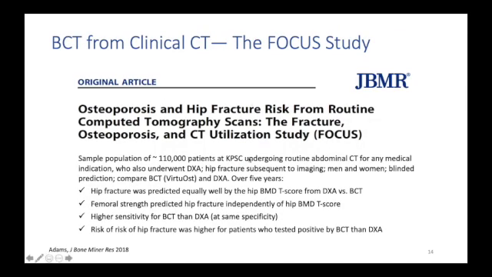All right, we do a lot of fracture outcome studies, and the most important one we did was what we call the FOCUS study. This was performed at Kaiser in Southern California, which is a large healthcare system. I think they have 14 major hospitals as part of that group, and it's full care within the United States.